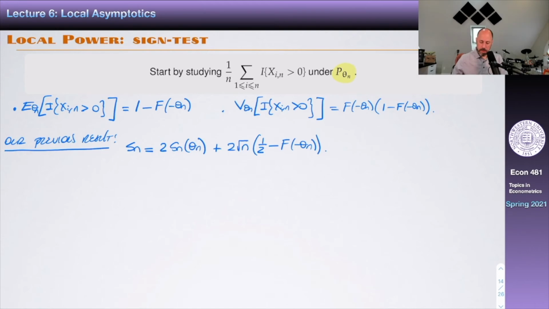We had that before. And S_n(theta n) was 1 over square root n, sum from 1 to n of the indicator that X is greater than 0 minus the mean, which is here 1 minus F(negative theta n).